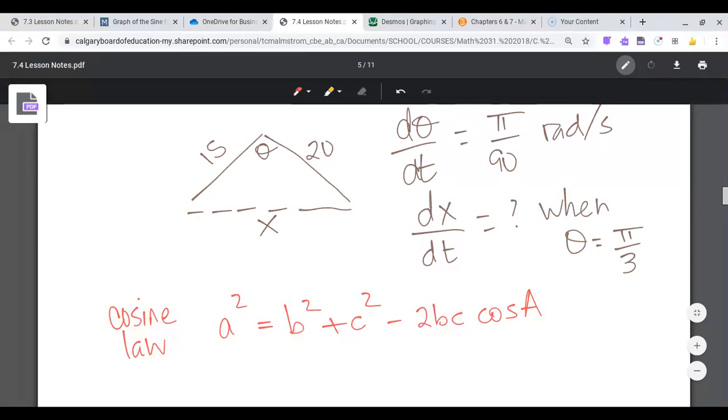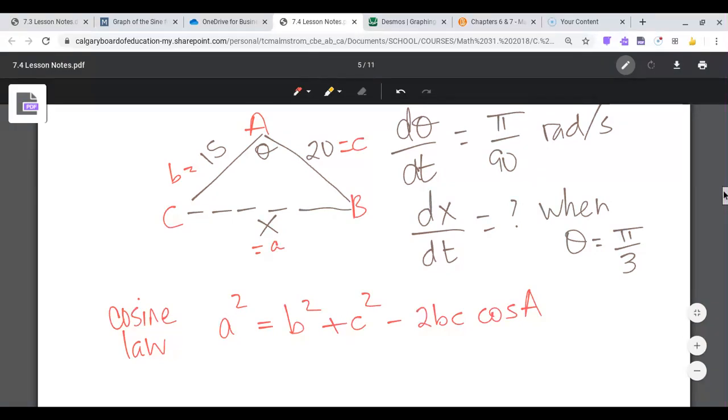Okay, so that is when you have your triangle, x would be my equivalent of a, and then 15 and 20 are my b and c, and then you have these big A, B, and C's on the outside.